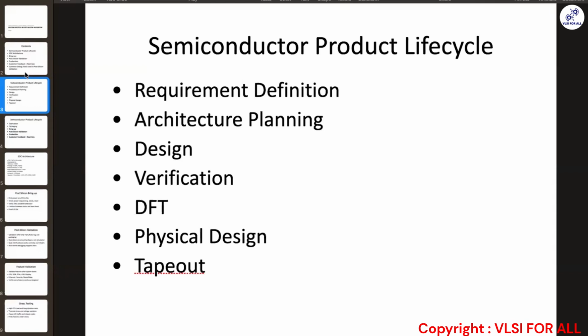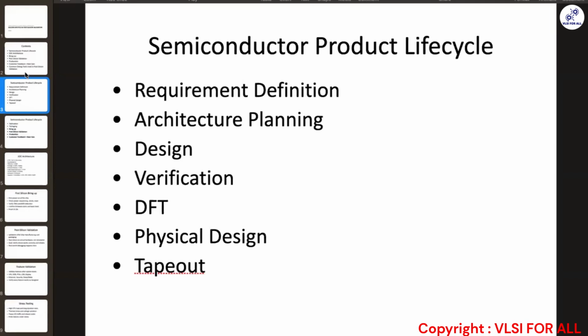Interfaces could be like PCI or USB 4. What would be the power definition of that particular platform? You decide all of those things in the requirement definition. In the initial phase, your architect and your customer sit together and create the requirement definition of the silicon which you will be building.